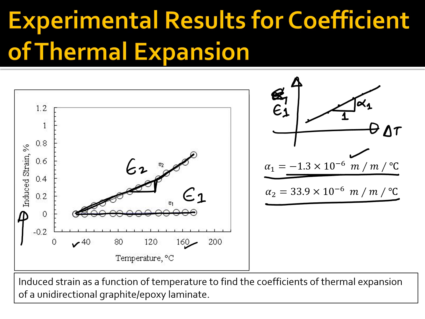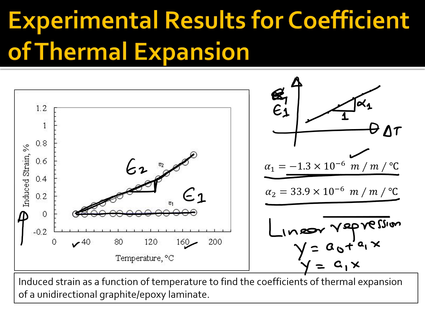Now keep in mind that you have to learn about linear regression. When you are learning about it, make sure that you learn about two types of models. One is the y equals a naught plus a1 x model, and the other one is the y equals a1 x model. The formulas for these two models are different, and that's what's going to help you figure out how to calculate these slopes. And that's the end of this segment.